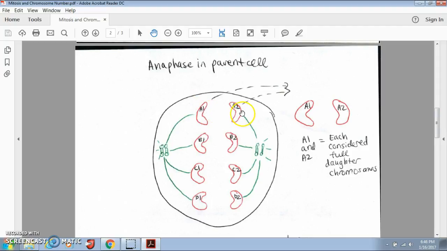So when A1 and A2 get ripped apart, they kind of invert, so they look a little bit more like boomerangs, and they're going to be pulled to opposite ends of the dividing cell, along with B1 and B2, C1 and C2, and D1 and D2. So they're going to start moving towards the ends of the cell, and at this point, once they've been ripped apart, A1 and A2 are each considered full daughter chromosomes. They're no longer considered chromatids once they've been ripped apart.